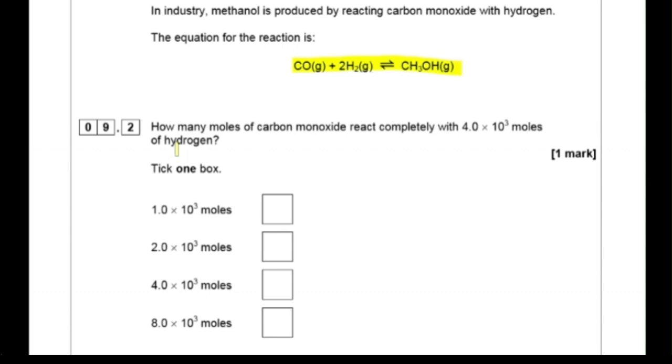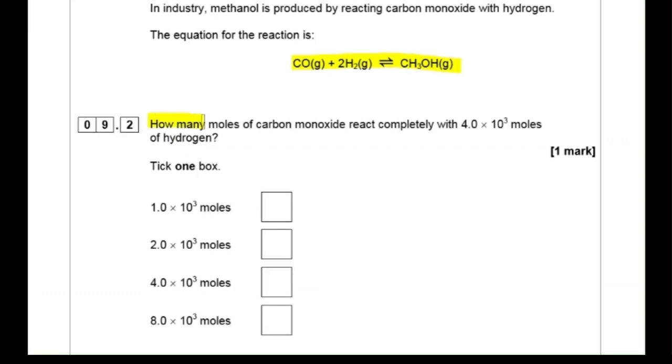So, question 9.2. How many moles of carbon monoxide react completely with 4.0 times 10 to the 3 moles of hydrogen? So you've got 4 choices here, and we need to look at the equation. Now, if we look at this equation here, we can see that there's no number in front of CO, so that means there's 1 mole of carbon monoxide.